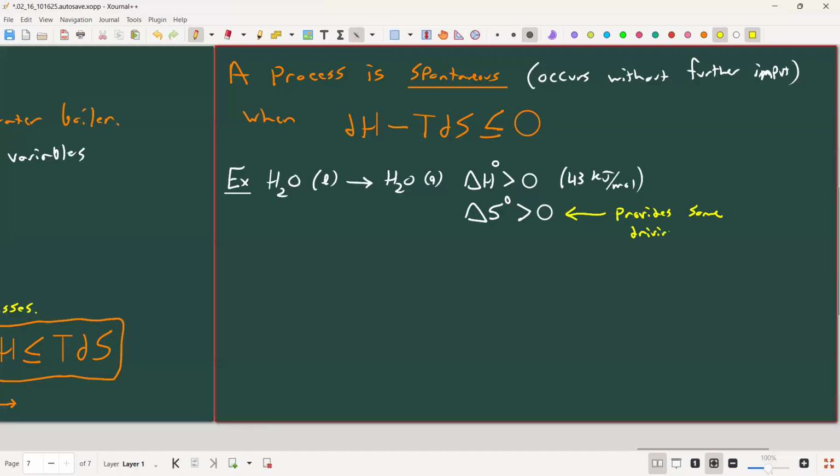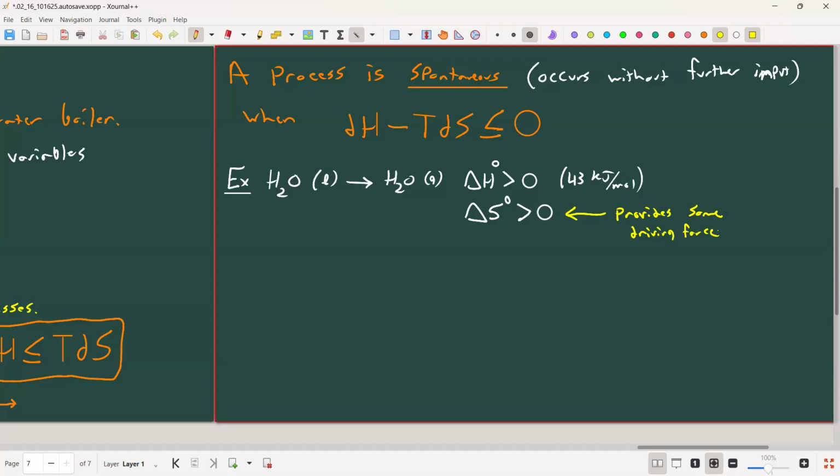You kind of think of this as the potential energy that's stored in the liquid that can be released as entropy to increase the entropy of the system. It's a driving force, some ability for the system to use its own energy for a process.